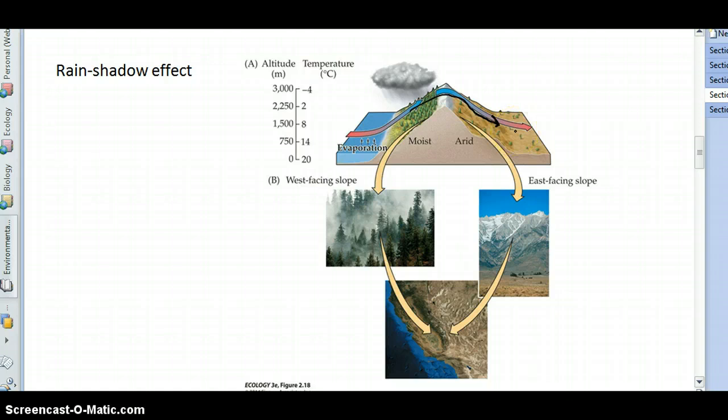Warm air tends to hold on to the moisture more, so you have a much drier habitat in what's called the rain shadow, or the leeward side of the mountain. This is called the windward side. So this is seen in Washington State on the windward side of the mountains out there. It's quite wet. That's where Seattle is. But in the eastern part of the state, it's much drier.